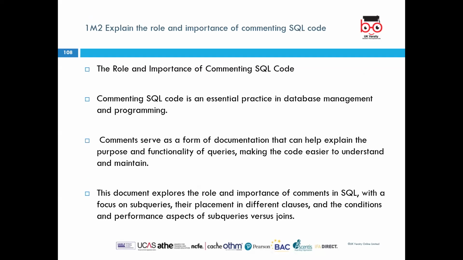Our second merit activity is to explain the role and importance of comments in our code. Again, why did we say it is important to comment? It is very important because we might not be the only person working on this project. In order to make it understandable for other developers, we have to add comments to it.